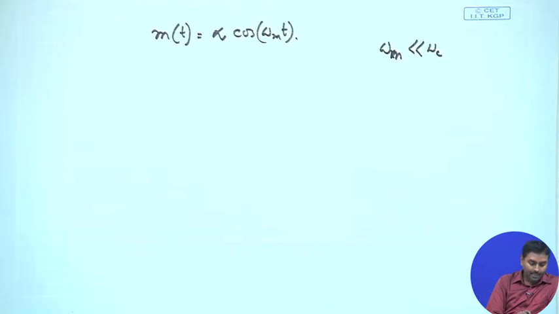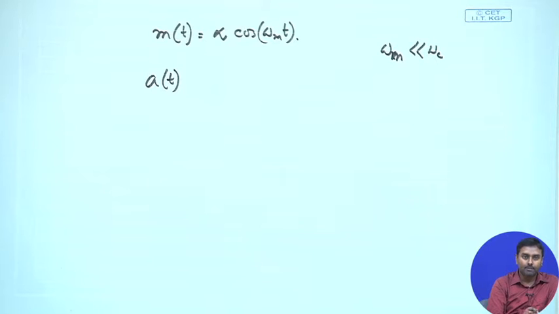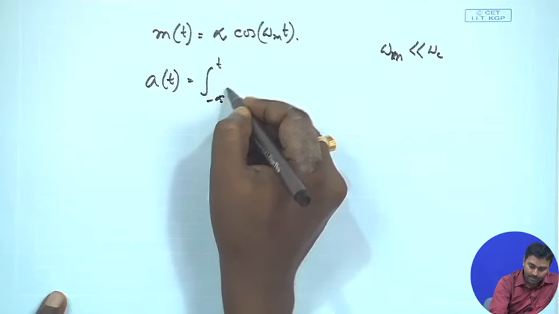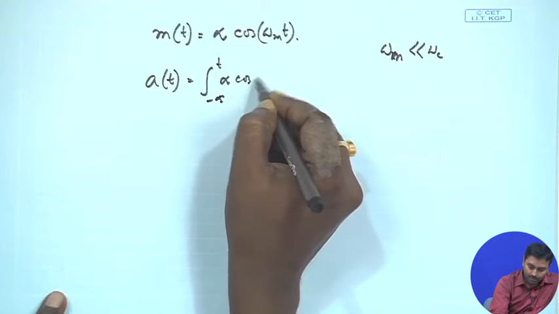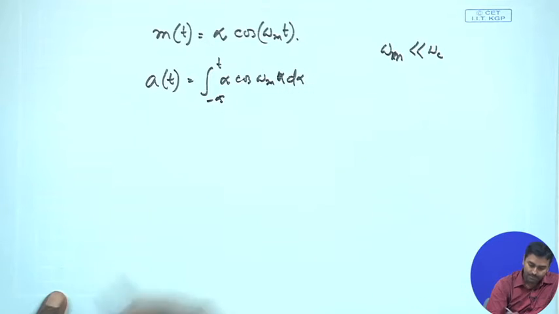If this is the message signal, for constructing FM, I have to first construct A(t). What will be A(t)? That will be the integration from minus infinity to t of alpha cos omega m x dx.